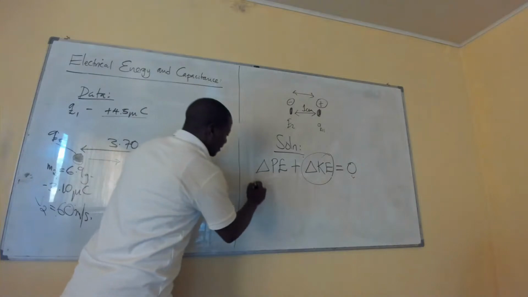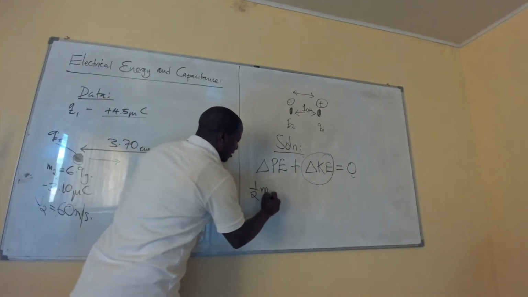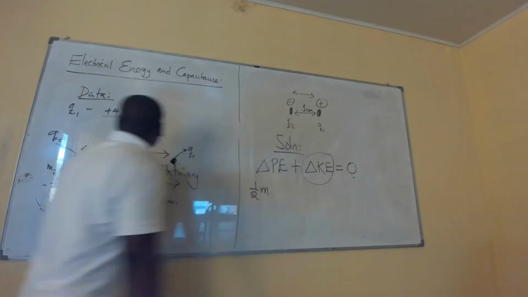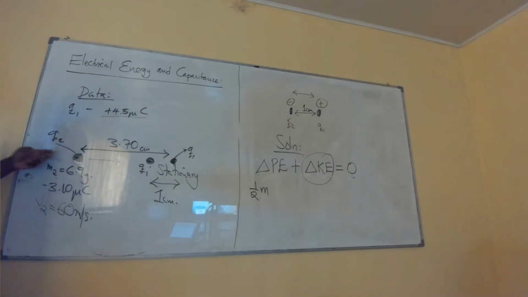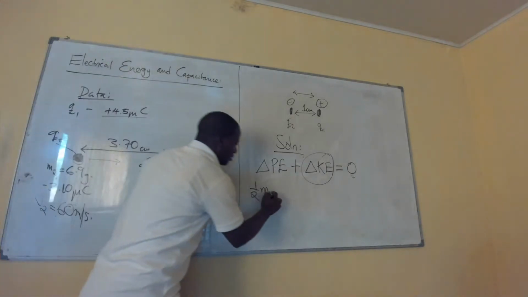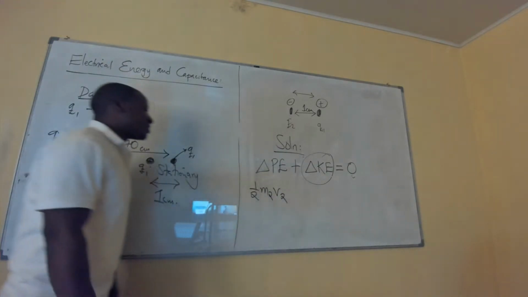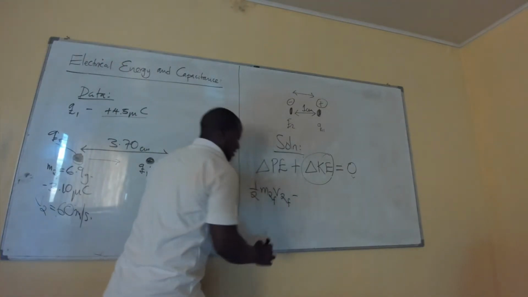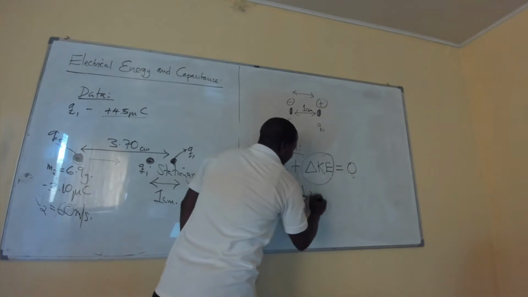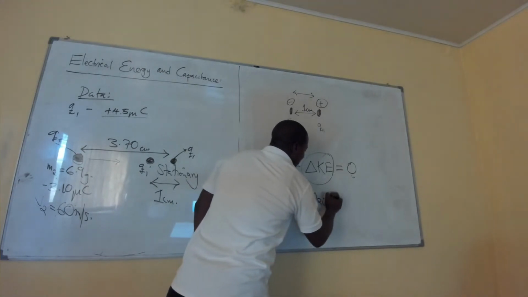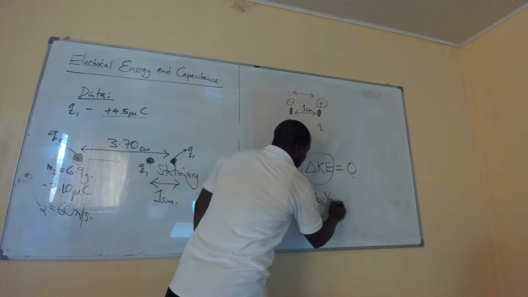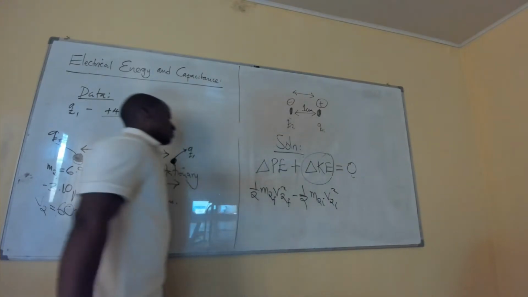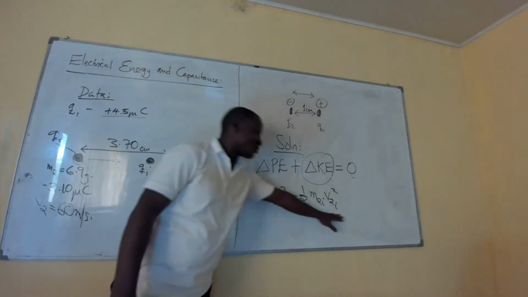So you have half m2 v2 final squared, minus half m2 v2 initial squared. So this is the difference we are looking for.